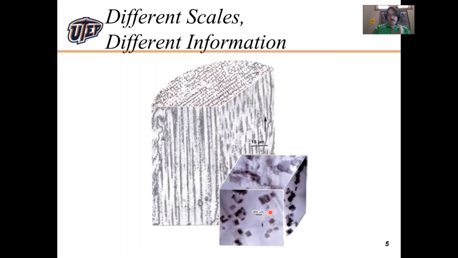And the magnification here, this scale bar, very small, corresponds to 200 microns, okay? So we have an order of magnitude difference roughly, maybe a little bit more if we compare the size of the scale bar. So we're getting different information from the TEM. And what this TEM is telling us is that the morphology of these precipitates is cubic in nature. And you can see a nice little square there. So different scales give us different information.